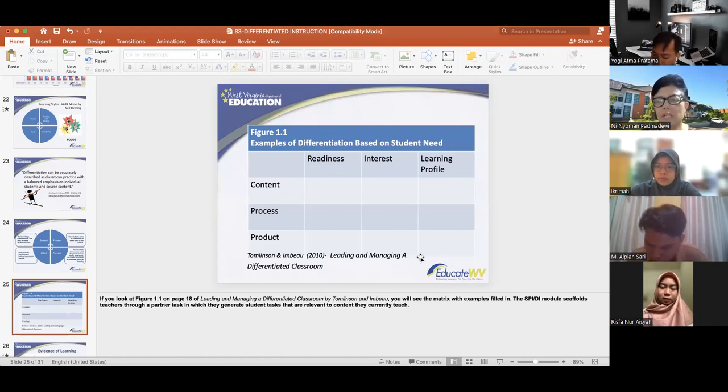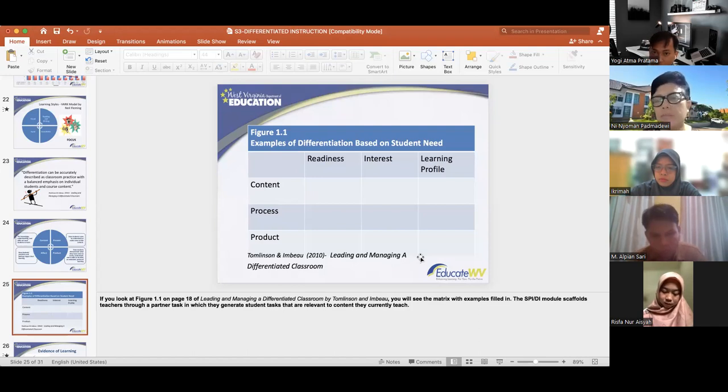This differentiation must be done based on 3 aspects. You have to consider the student readiness, the student's interest, and also the learning profile. Okay, I repeat once again.